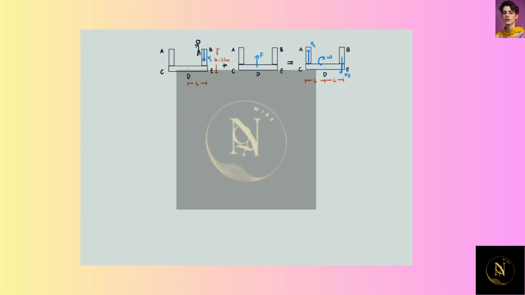Since at the maximum height the velocity is 0, and Vc is our initial velocity here, the equation for Vc would be Vc equals square root of 2g hc, where hc is the height reached by gymnast A.